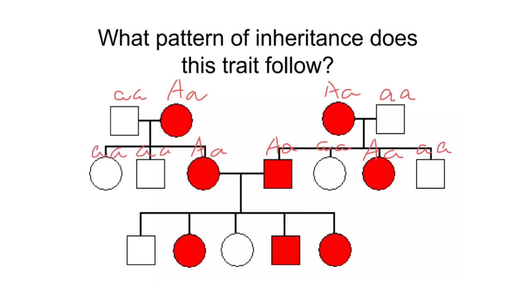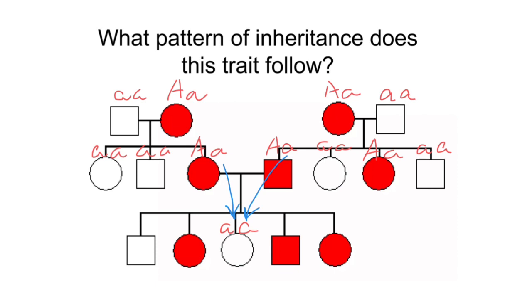Now we can explain the normal phenotype of this female, for example, here: she got a normal recessive allele from the mother's side and a normal recessive allele from the father's side. So her genotype is small a, small a, and her phenotype is normal.